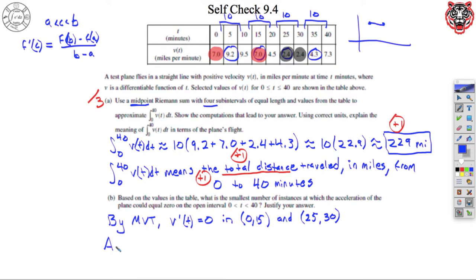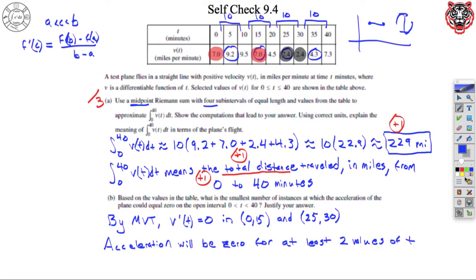So our final conclusion: acceleration will be 0 for, remember, at least 2 values of t. Again, it could be more, because we had the graph up here that went like this, where you had 2 values like that.